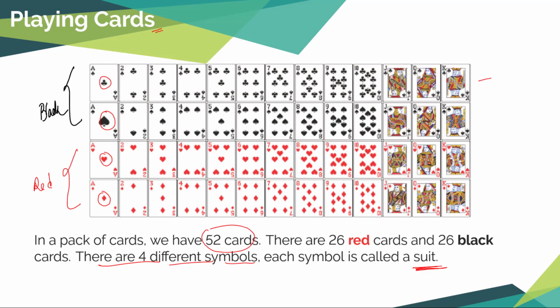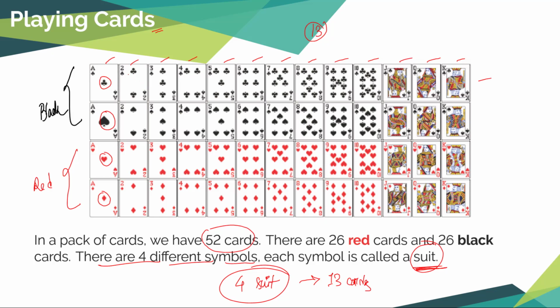In each suit we have 1, 2, 3, 4, 5, 6, 7, 8, 9, 10, 11, 12 and 13. That means each group or each symbol contains 13 cards. So in a suit we have 13 cards, and in a pack there are 4 suits. Each suit has 13 cards, right?